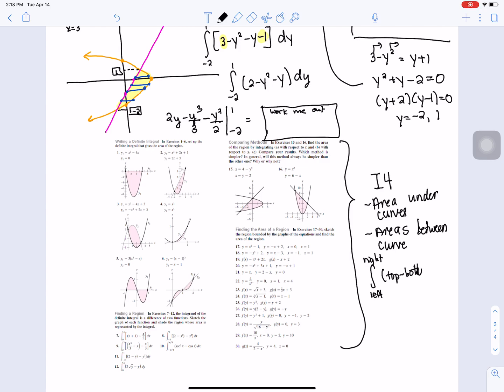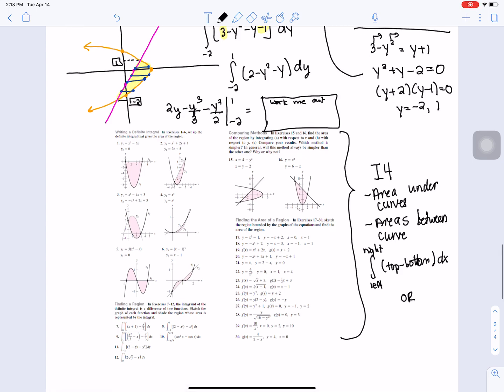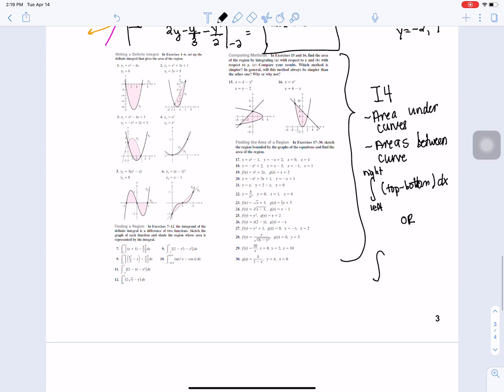I will ask you both of these, dx, or you'll also be responsible for knowing the bottom to top, right minus left idea with respect to y. And then that's our lesson for today.